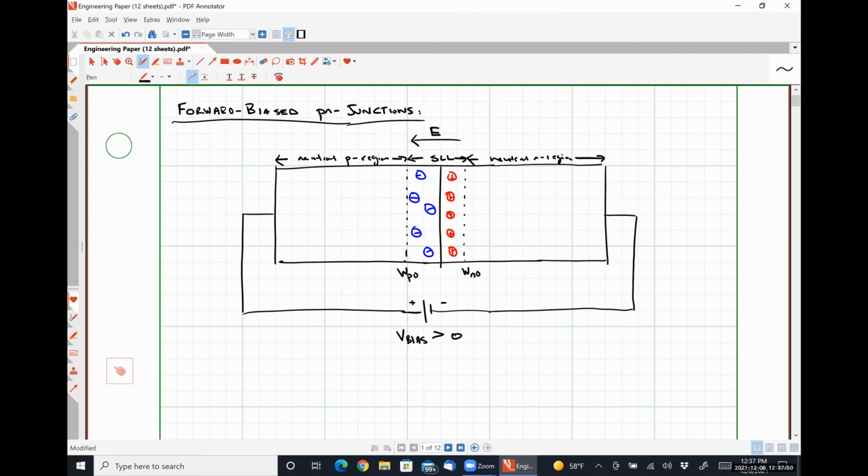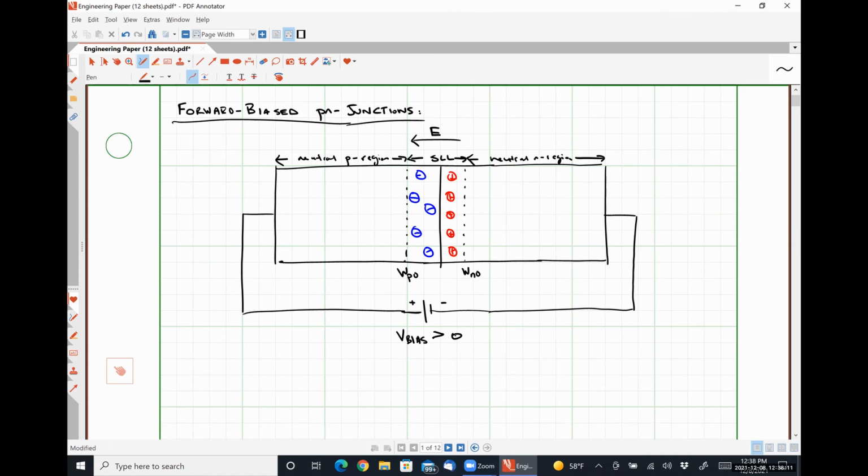Positive. The low potential side is the negative. So our built-in voltage is of the opposite polarity of our bias voltage, okay? So what that means is that when we apply a bias voltage in this configuration, we are lowering the barrier potential.